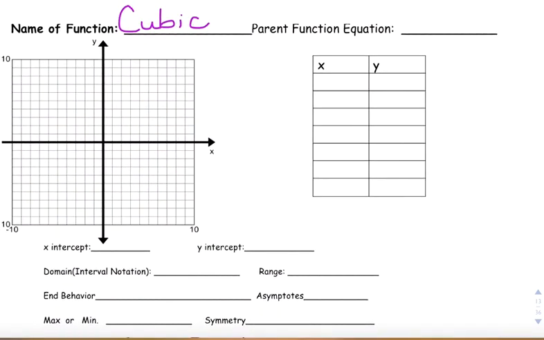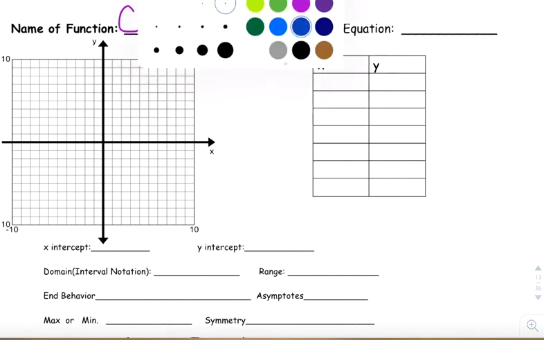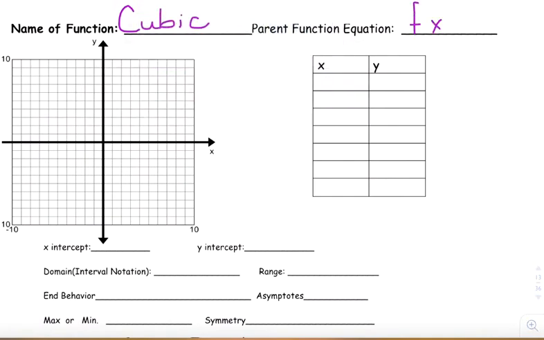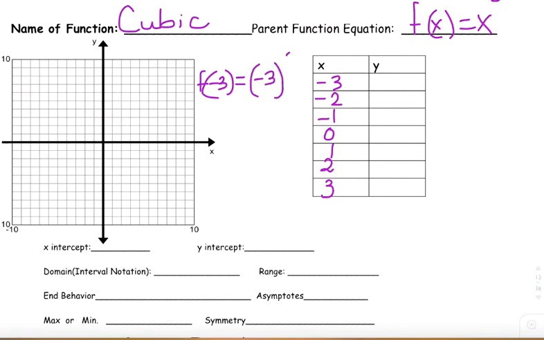Moving on to our cubic parent function. Our cubic parent function is f of x equals x cubed. Again, we don't know what's going to happen, so we will still proceed with our normal table unless, like we just saw, we are forced to do otherwise. So let's begin. F of negative 3 means plug in negative 3 as an input, and cubed means to the third power.